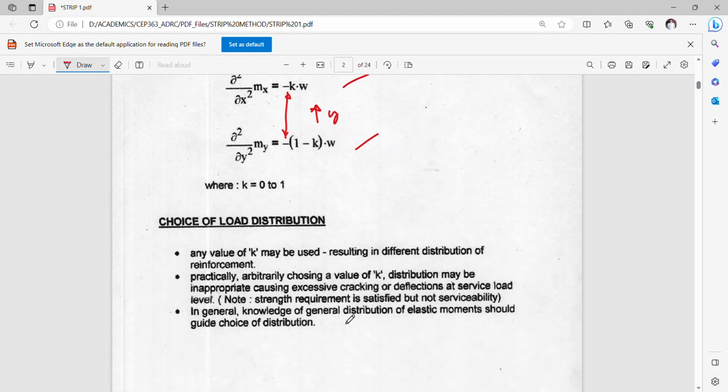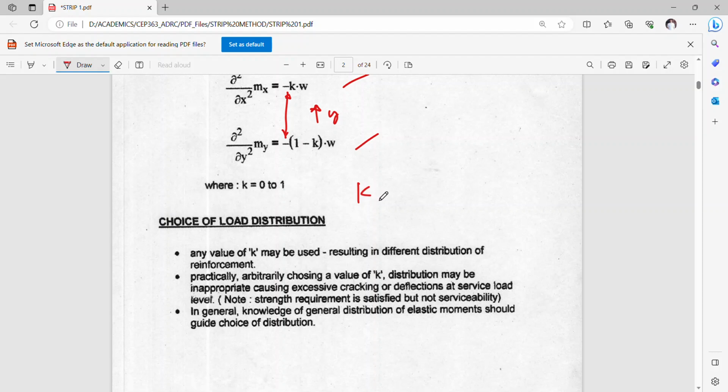And the choice of load distribution may be determined through these assumptions and criteria that will serve as a guide for all of us in such a strict method procedure. So first, any value of k may be used, resulting in a different distribution of load. If we want to distribute it entirely in one direction alone, then we will have a one-way action.